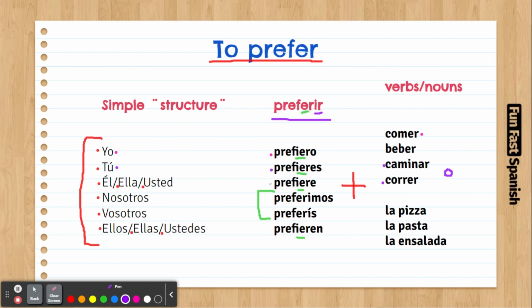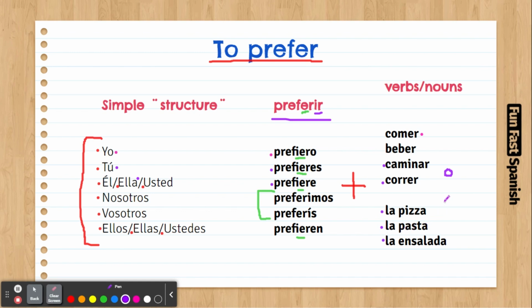Okay, time's up. Ella prefiere la pizza o la pasta. Does she prefer pizza or pasta? O la ensalada, or whatever.